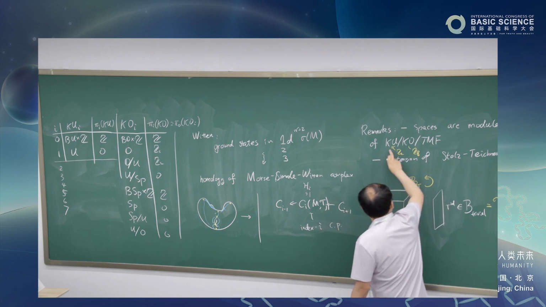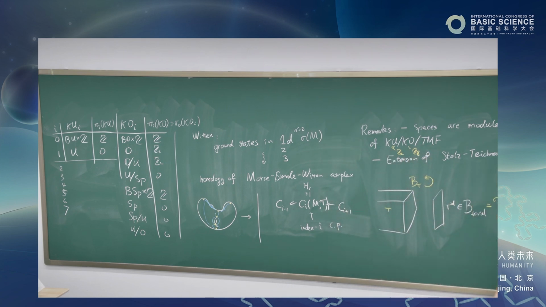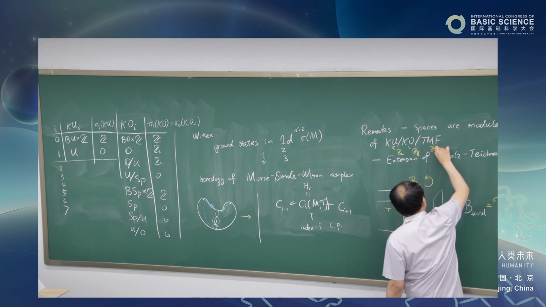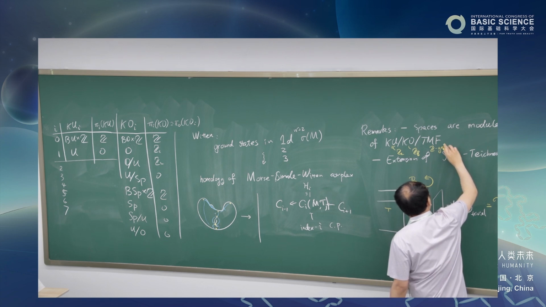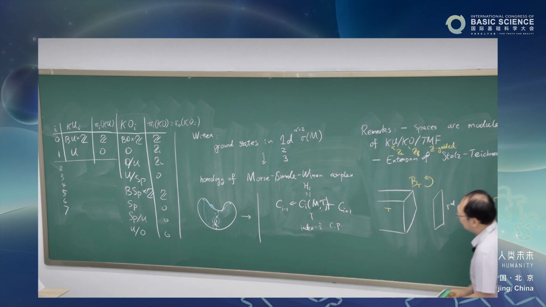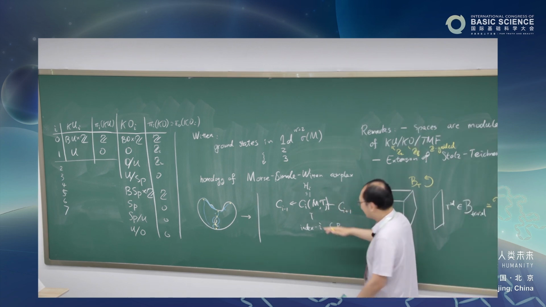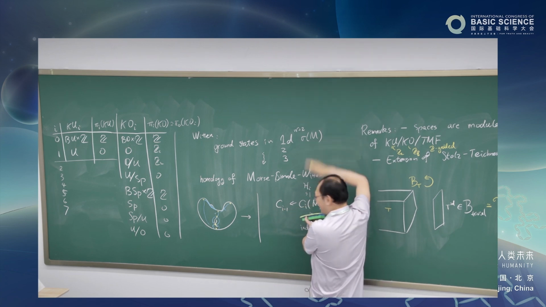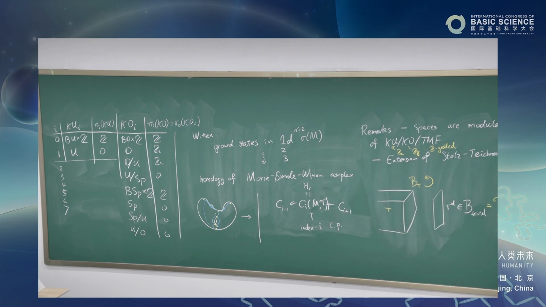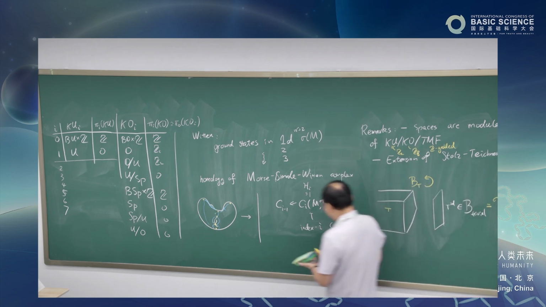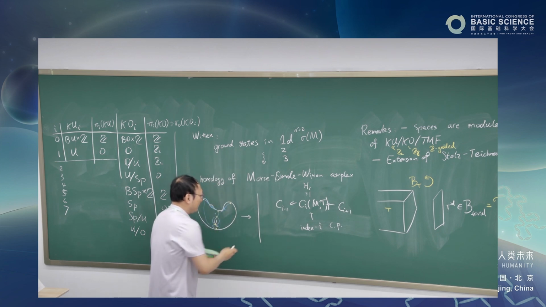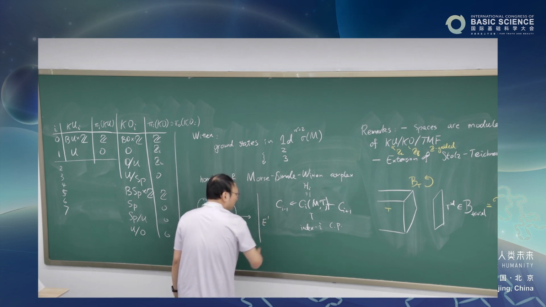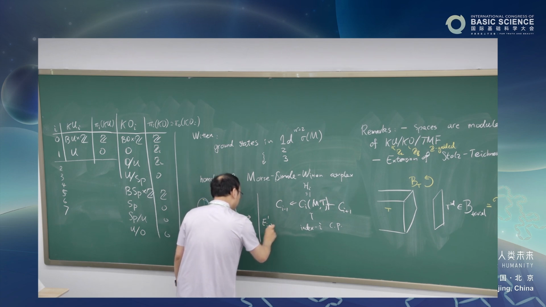So T can be KU, KO, or TMF. So for TMF, this would be Z-graded. So you not only have a complex, each of these has its own grading. So it's no longer a complex, but it turns out to be the E1 page of a spectral sequence.